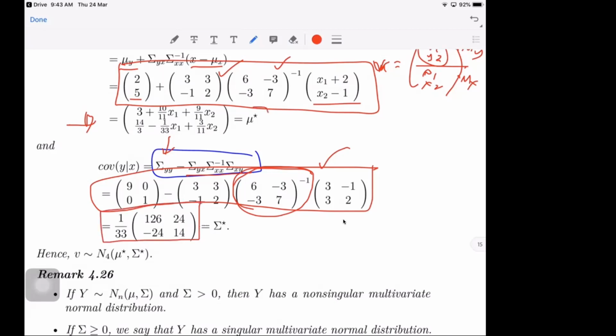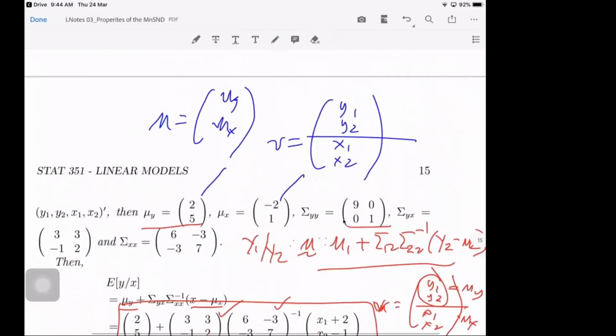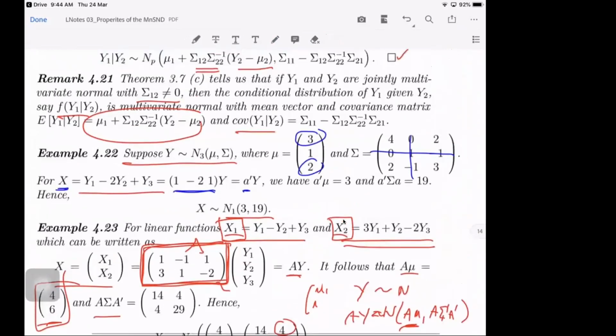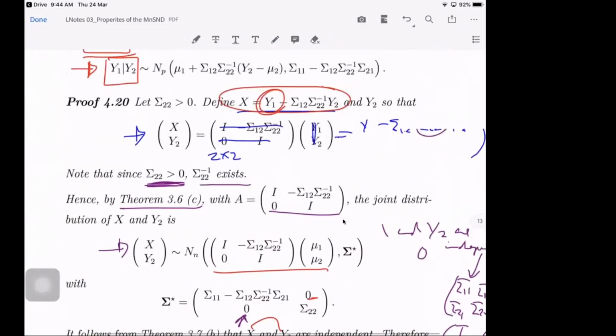So let me call this mu star and this one sigma star, so that V is normally distributed with mean mu star and sigma star. That is the purpose of deriving this result here, because you can easily apply this when you have actual data.